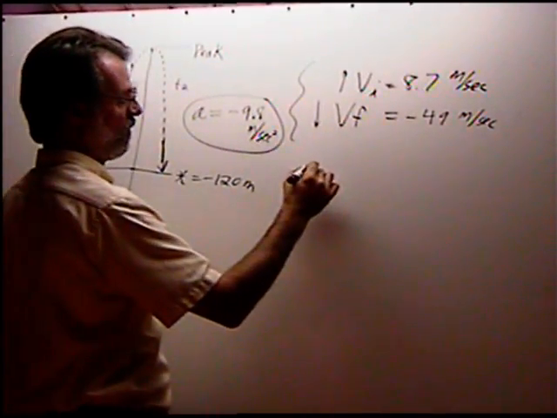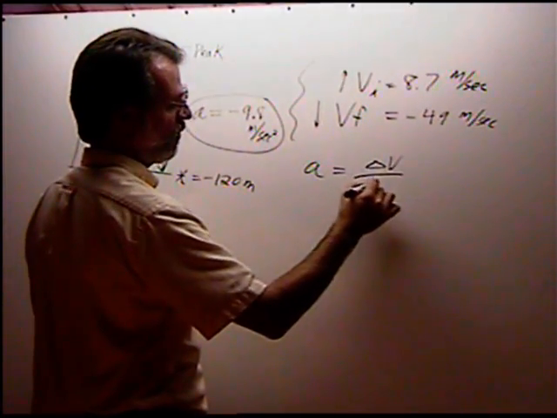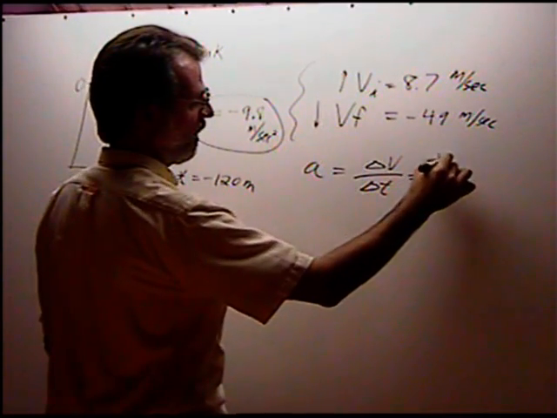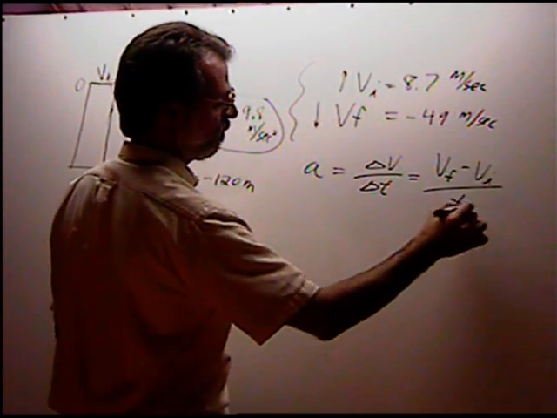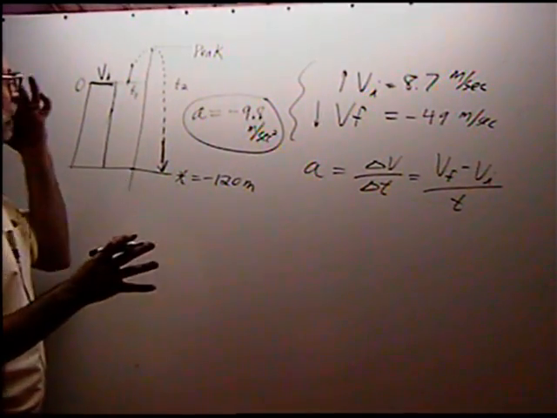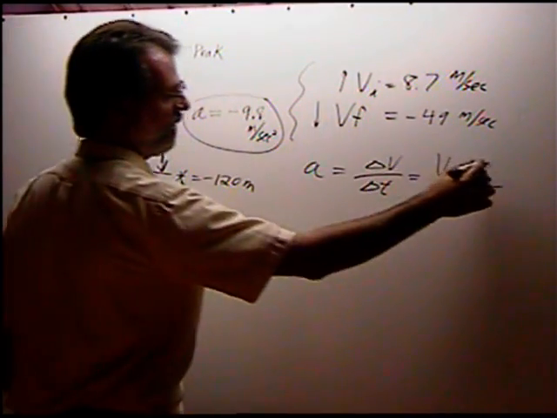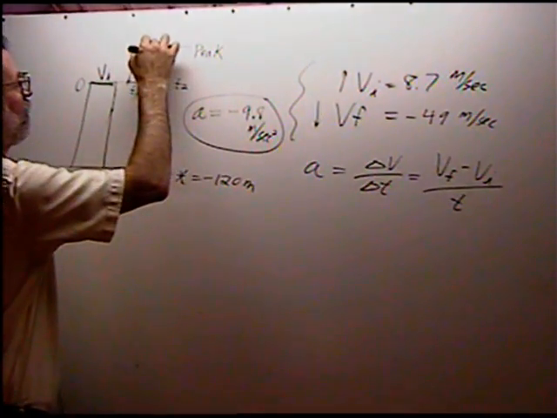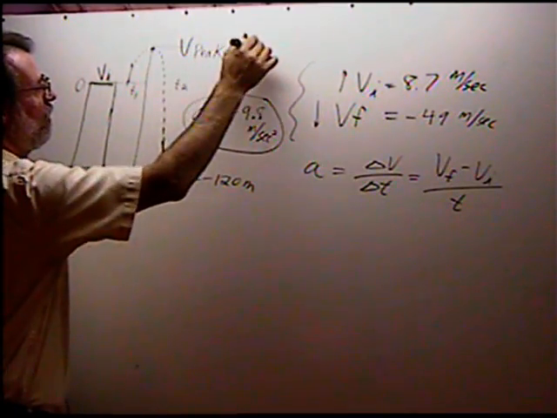So let's start out. The acceleration is equal to the change in velocity over the change in time. So we have the final velocity minus the initial velocity, all divided by time. Now let's break this into two parts. The first part will be where we have an initial velocity and the final velocity at the very peak. The final velocity at the very peak is 0.